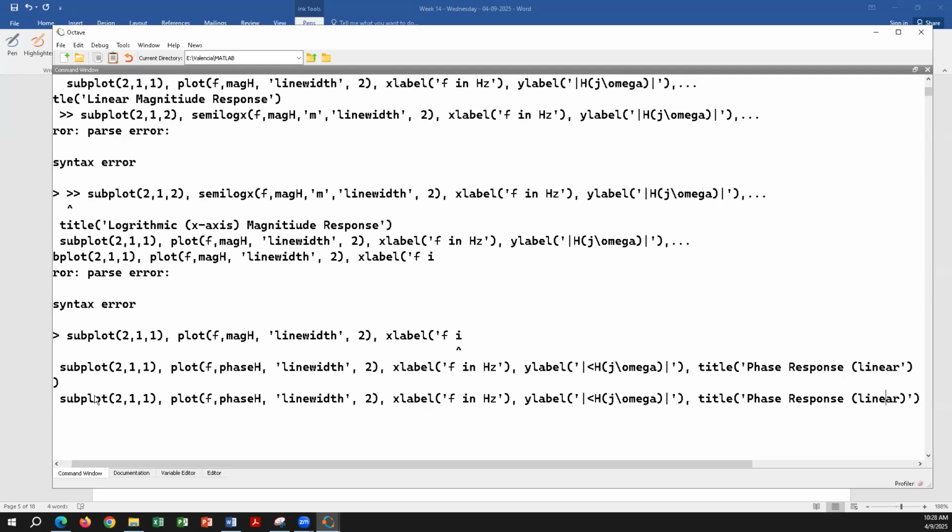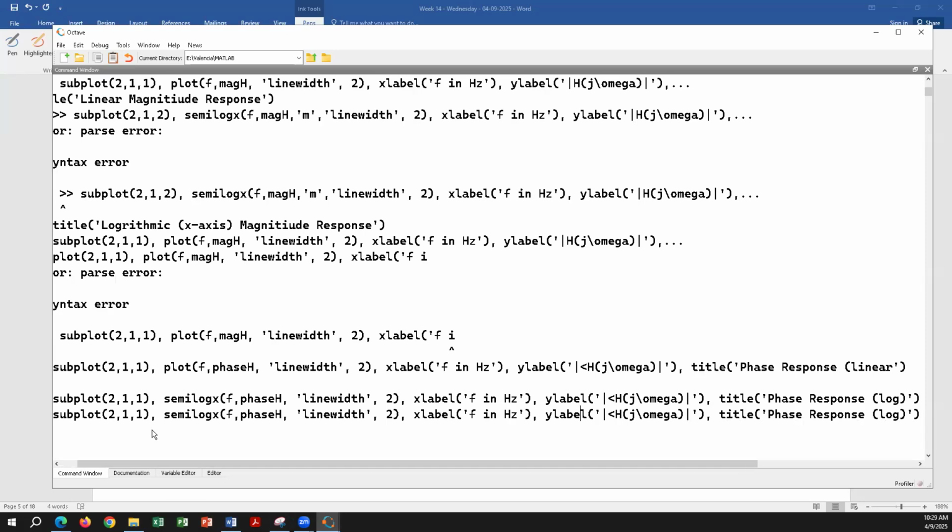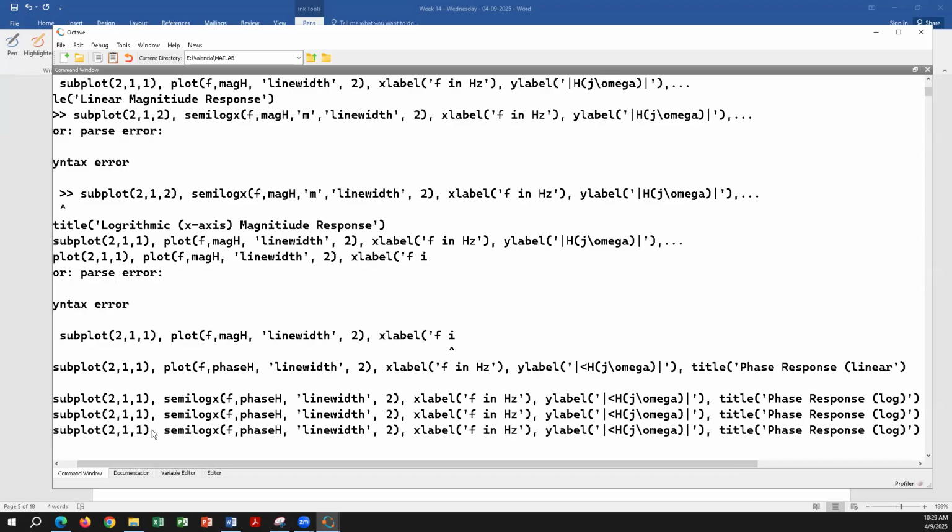Subplot logarithmic, log, and instead of plotting, I'm going to use semi-log X, semi-log X. All right. Okay, 2.1.2. Let's go and do semi-log. Okay, this.